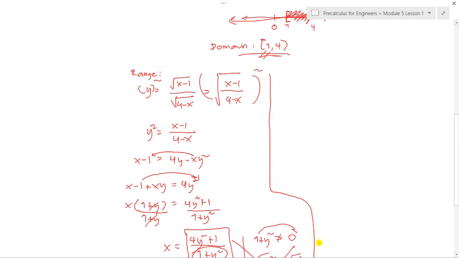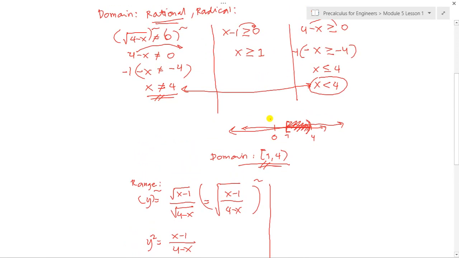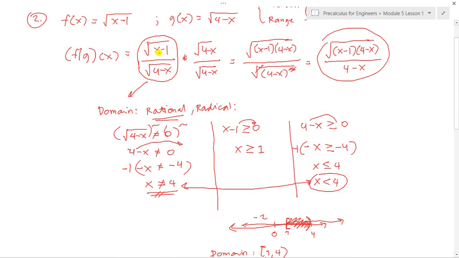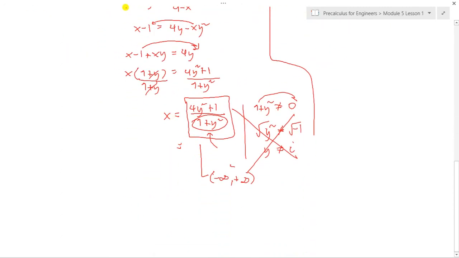Since our domain is limited to negative 1 to 4, because we cannot do negative 2 here, if we plug in negative 2 it would be negative, which is not possible. So actually we cannot justify yet whether negative infinity to positive infinity is right.